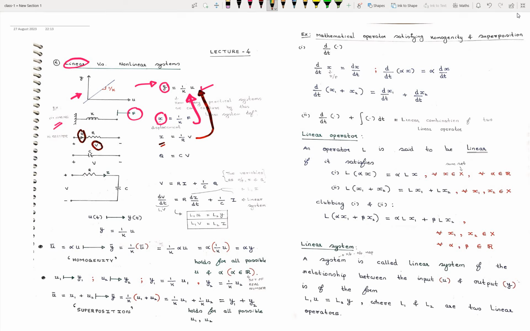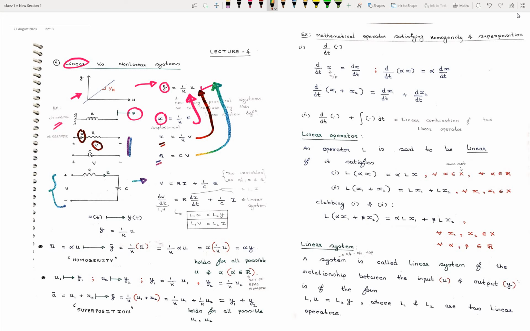Now let us take one more example, the capacitor. When we supply voltage across this capacitor, charge will be developed. So charge Q equals C times V. This is also in this form. But when we take this R and C in series combination, let us see the mathematical expression.